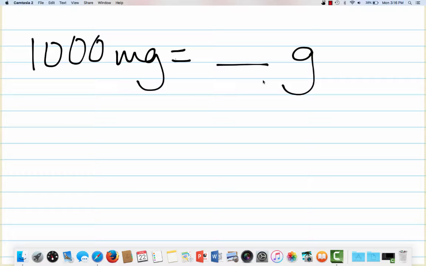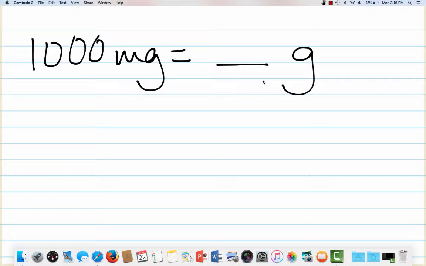Whichever way you move on the metric system, however many spots you move, that's how many spots you move your decimal. So I can go ahead and show you what your answer will be. The decimal, whenever there isn't one, is always at the very back of a number. Now I want to know how many grams are in it.